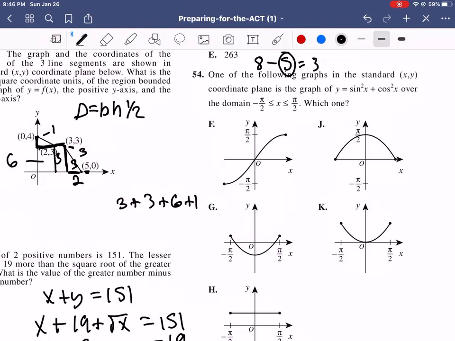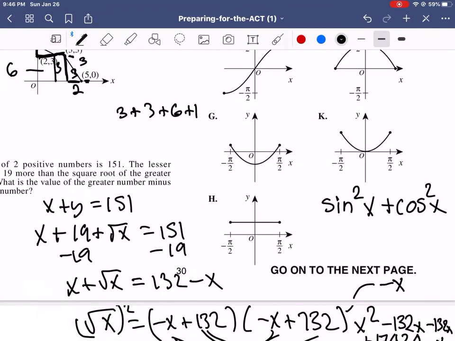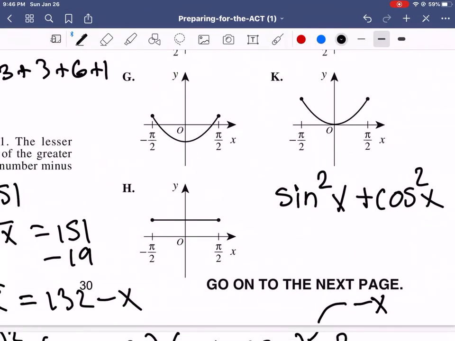Okay, whatever. Because I know the answer is H, I'm just gonna assume that sine squared x plus cosine squared x. Wait, no, this is right. It's the trigonometric theorem. That always equals 1.